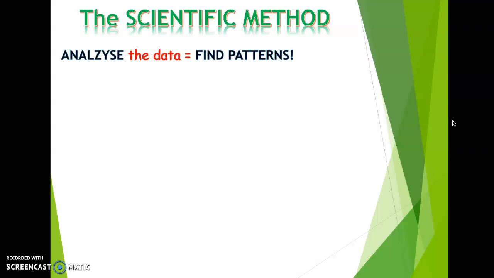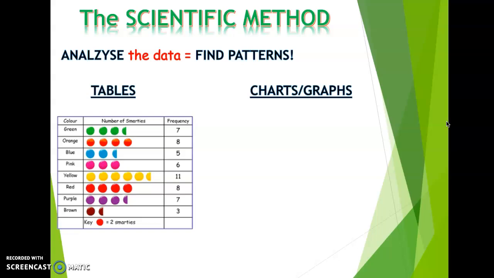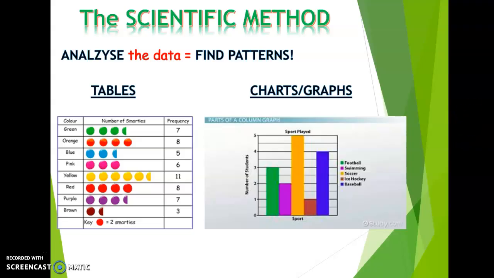That gets us to analyzing the data. This is where we find our patterns in nature. Okay, this requires the construction of tables and graphs. Here's an example of a table. Okay, you can see the different colors that were used, and you can see how many of each there were. Okay, very simple data table. Okay, this would be an example of a graph. This one is particularly what is actually a column graph.